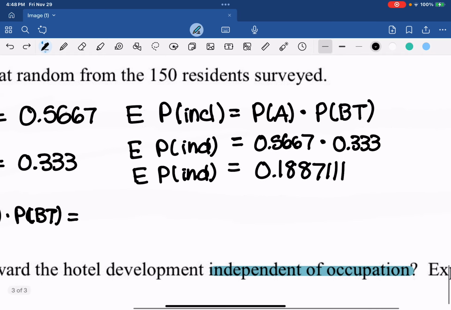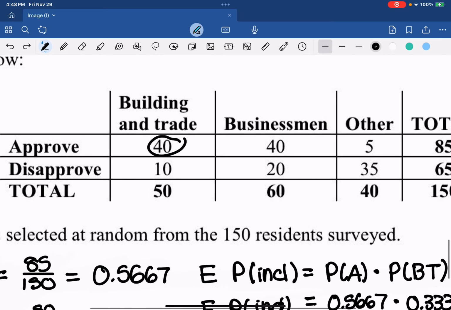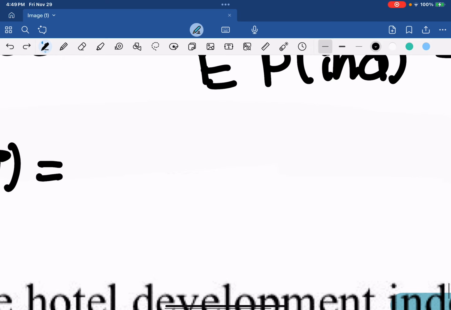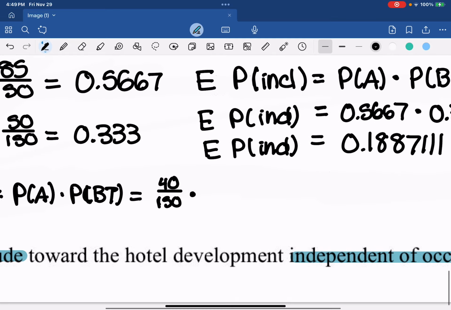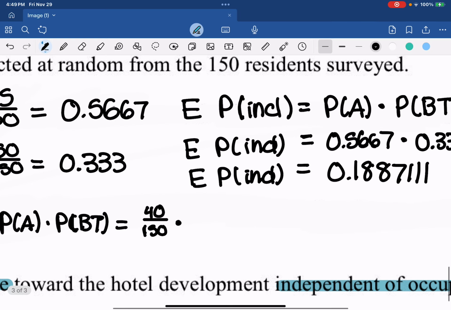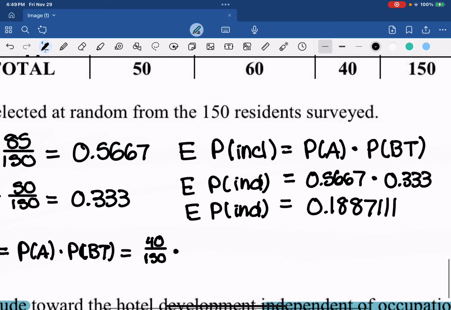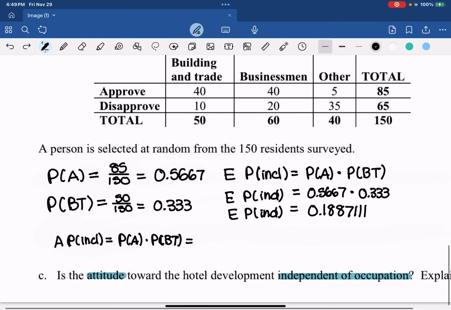It's not what we thought it was over here. It's not 50, it's actually 40 right here, because this is the actual one. So we're gonna do 40 for 150 times, that's actually just the answer. Sorry, I messed up there. We actually don't need to do it because we know what the expected is.